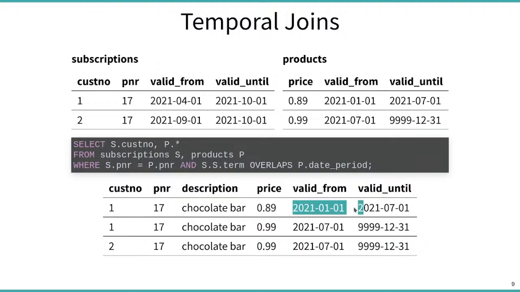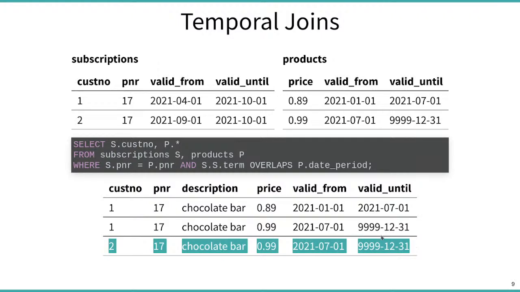From January to July, the chocolate bar costed 89 cents and customer number 1 had a subscription within this interval. And when we would have s.valid from and s.valid until in the clause, then we could also see for how long.